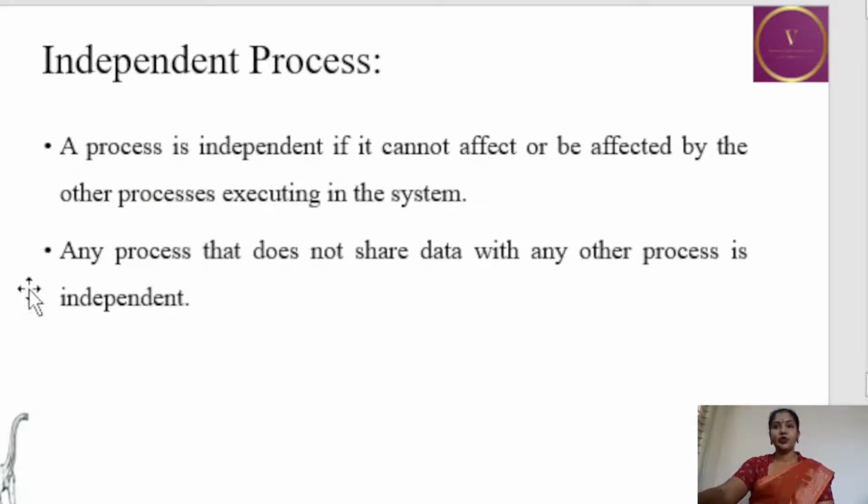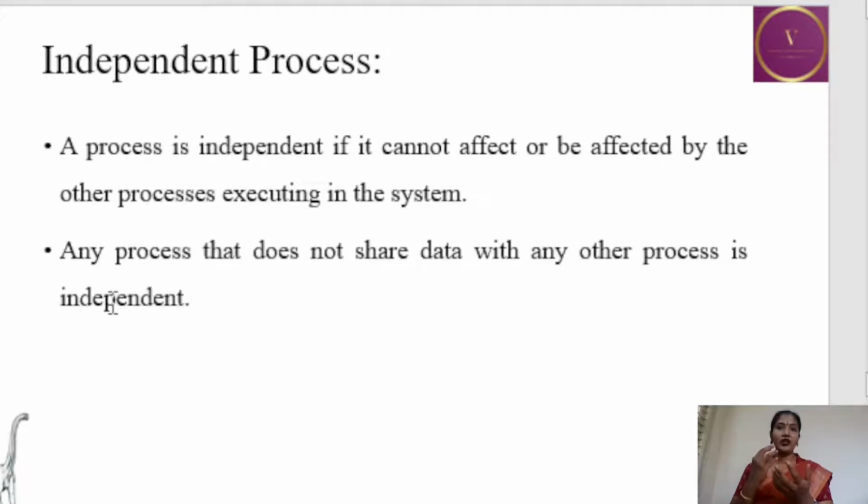An independent process: a process is independent if it cannot affect or be affected by other processes executing in the system. Any process that is not going to affect another process, or is itself not going to be affected by any other process, is called an independent process. Any process that does not share data with other processes is independent.